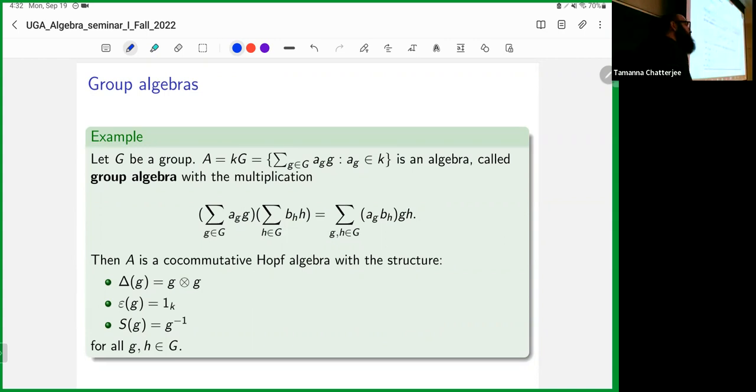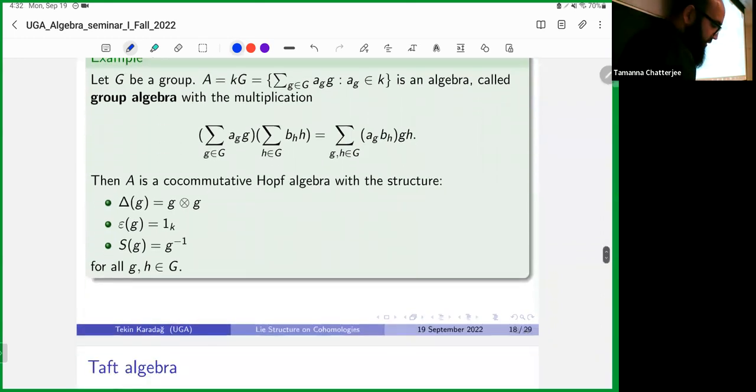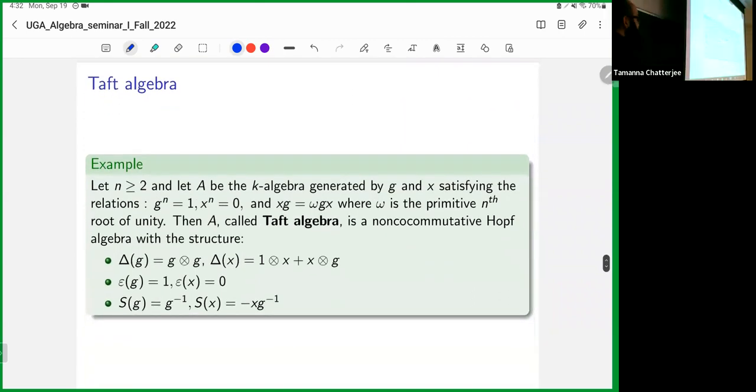But it is not too interesting because it is both commutative and cocommutative. So everything works fine on group algebras. Taft algebra is a little bit more interesting. Taft algebra is an algebra generated by g and x, where g to the n is 1 and x to the n is 0, these are the relations, and xg equals omega gx, where omega is a primitive nth root of unity. This algebra is called the Taft algebra.